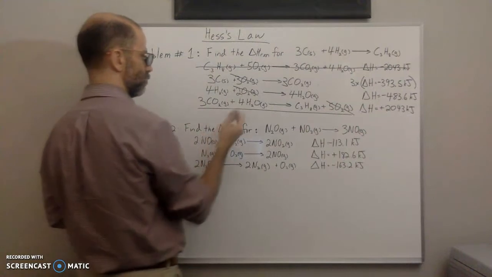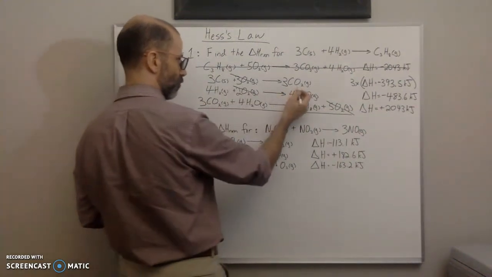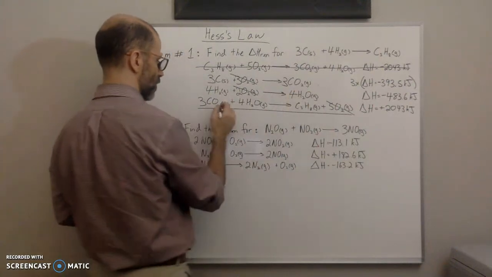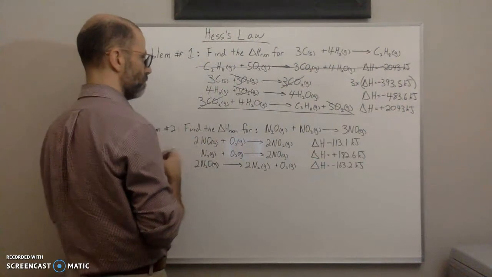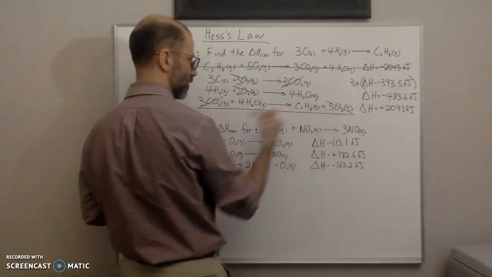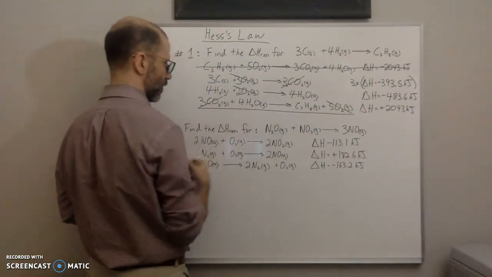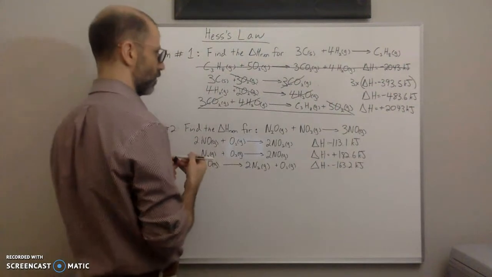The other thing is we have 3CO2 here as a reactant and 3CO2 as a product, so we can get rid of those as well. And the last thing is we have 4 waters as a product here and 4 waters as a reactant here, so those will cancel out.